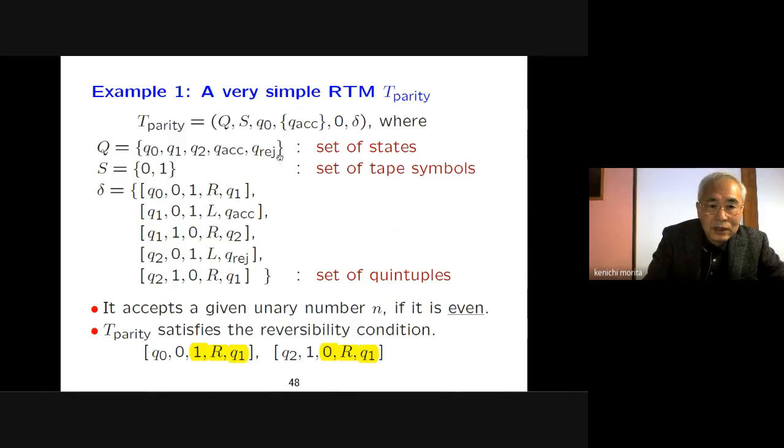And this is a reversible Turing machine because, for example, if the next state Q1 is the same, then the written symbols are different. This is 1 and 0. And shift directions are the same. Therefore, this Turing machine satisfies the reversibility condition.